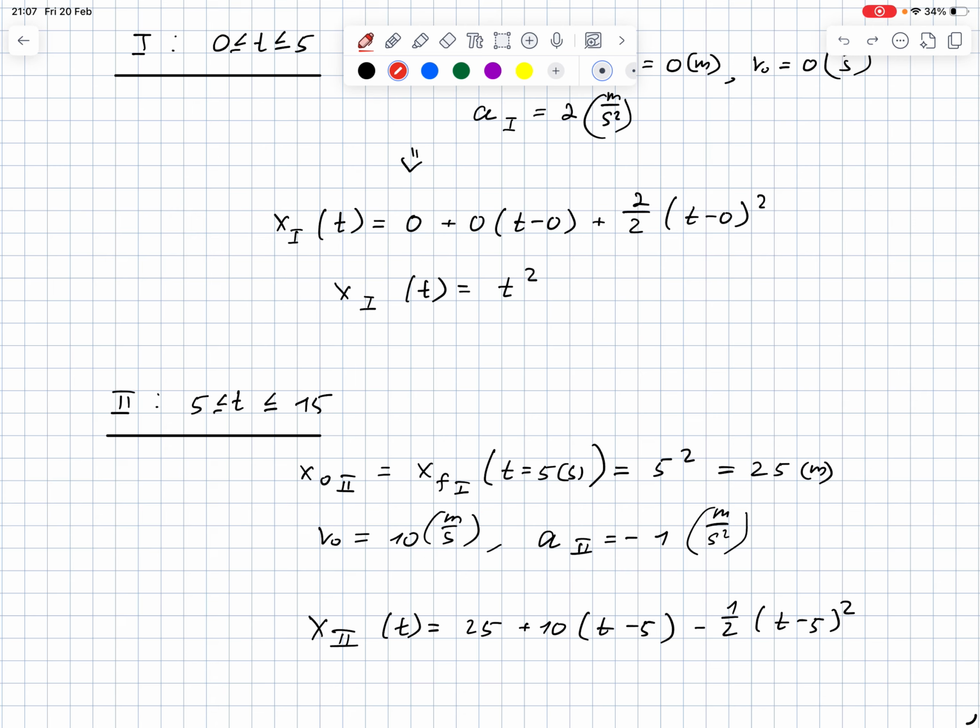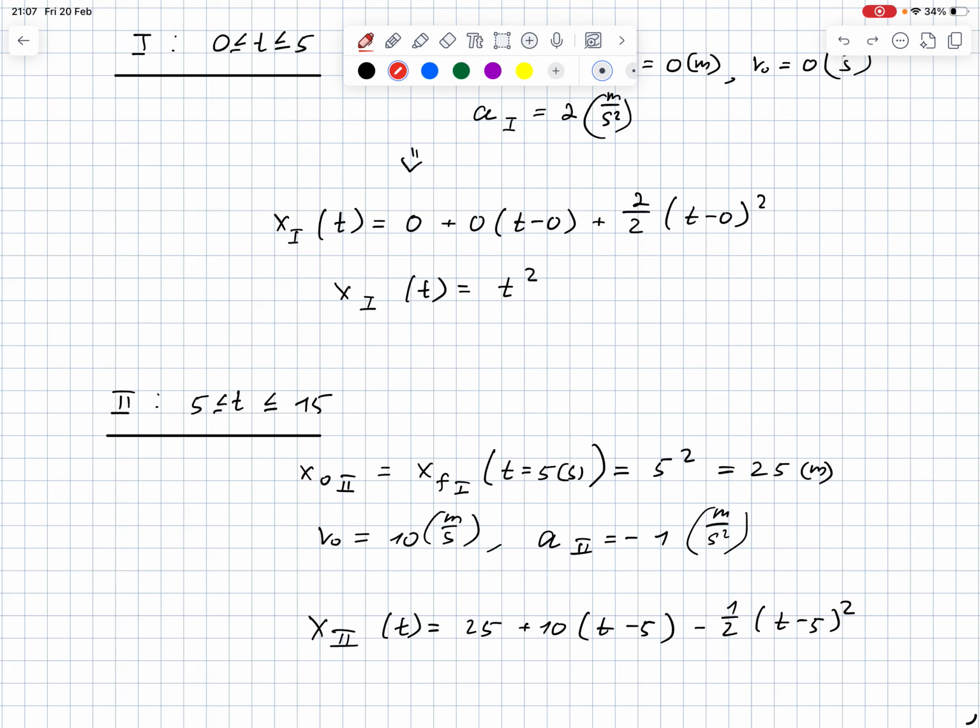And we know the function t squared. Let's substitute t with 5 seconds. 5 squared equals 25 meters. This is our initial position of the object when we talk about the second time interval.